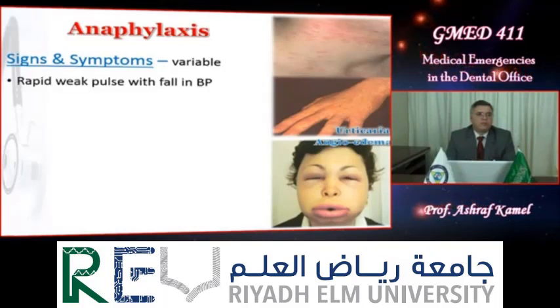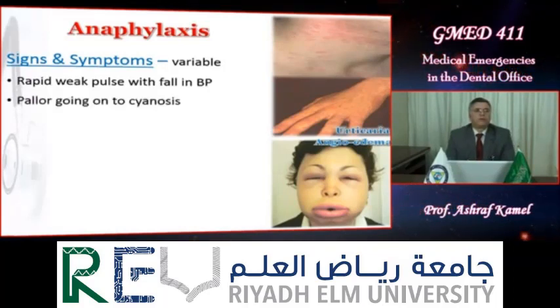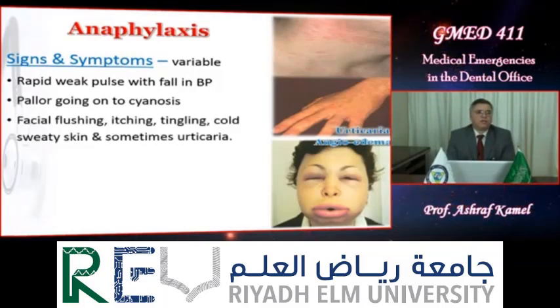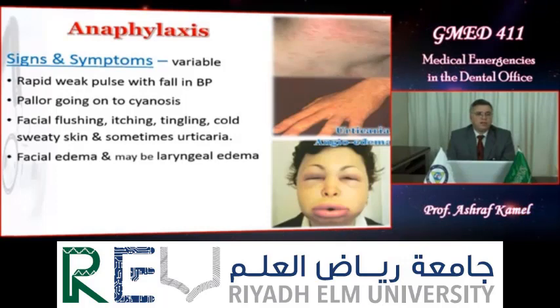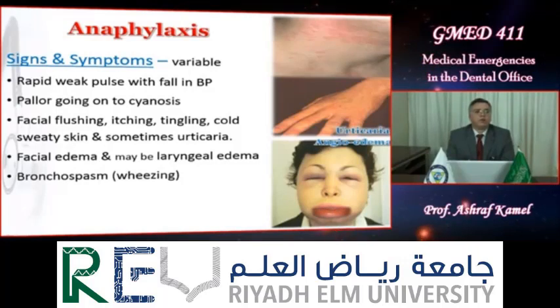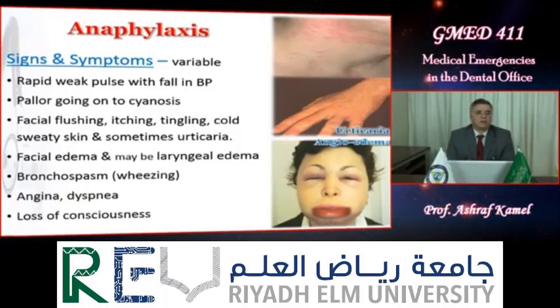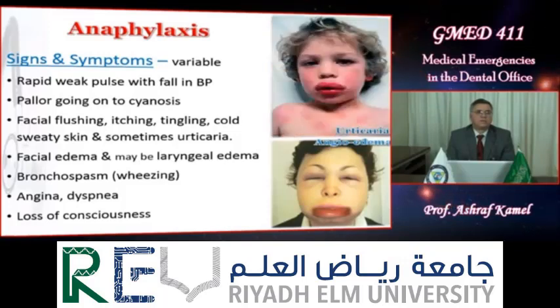Rapid weak pulse with falling blood pressure, pallor going on to cyanosis, facial flushing, itching, tingling, cold, sweaty skin, and sometimes urticaria, like in these pictures, facial edema, and maybe laryngeal edema, bronchospasm and wheezing, angina, dyspnea, loss of consciousness.